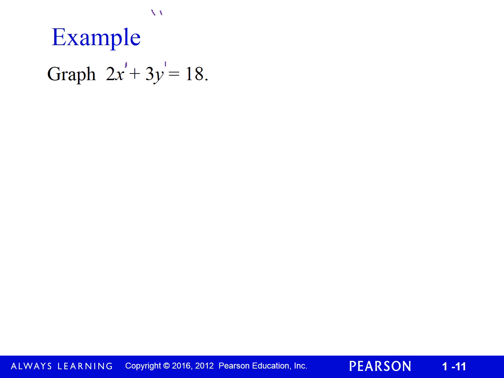All of that right there tells you that it's a line or a linear equation. The graph is going to be a line. A line is a graph of a linear equation, and that happens when all the variables x and y are raised to the first power.